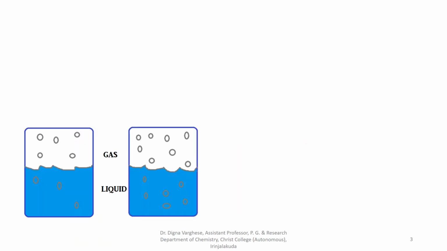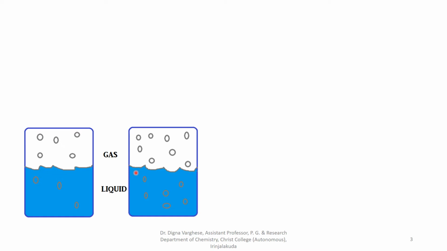Henry's law states that the solubility of a gas at constant temperature in a liquid is directly proportional to the pressure of the gas in equilibrium with the solution.